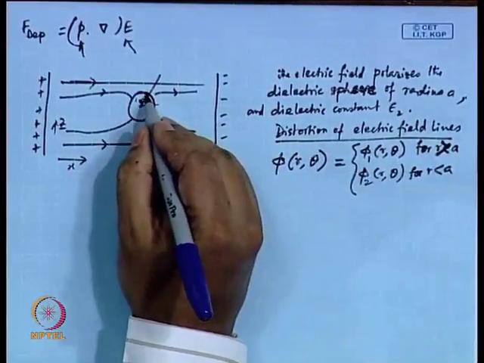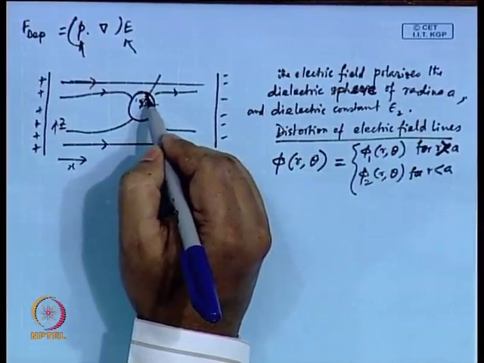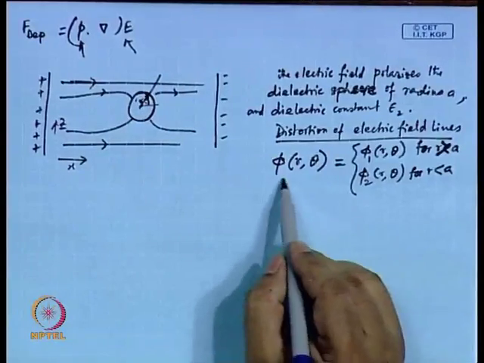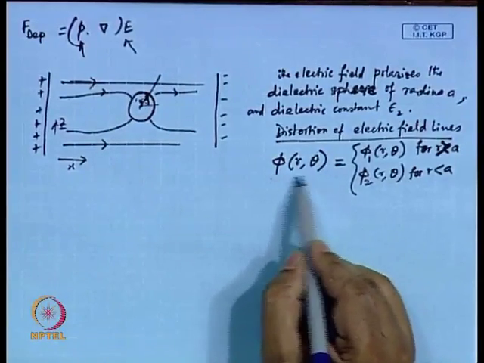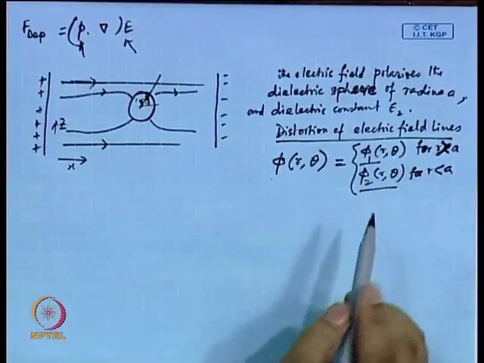What is a? A is the radius of the particle. So, you have a potential phi inside this particle and a phi outside the particle. So, you have one phi 1 function and one phi 2.